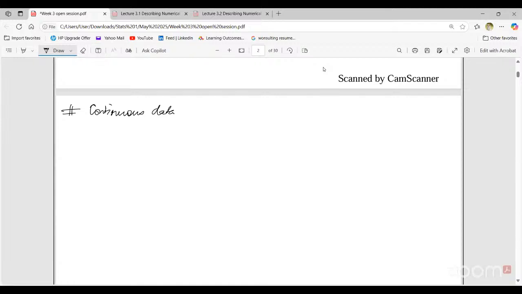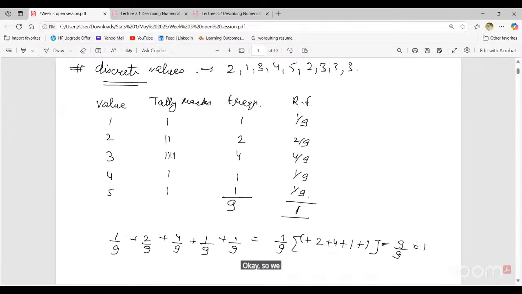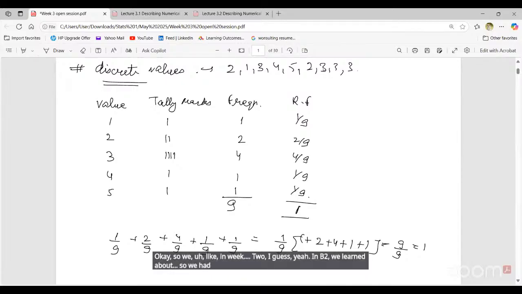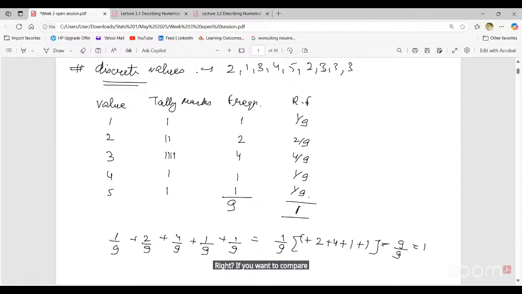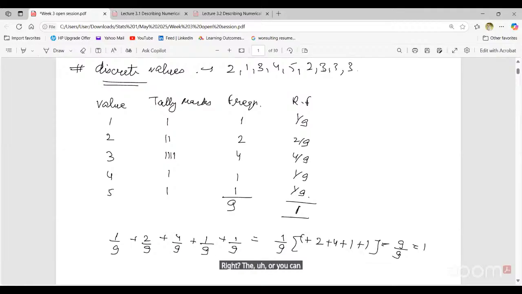Yeah, okay, thank you. So basically, what is my relative frequency? In week 2 we learned about two tables, right? In that we had different frequencies. If you want to compare two sets of data, relative frequency is basically comparing with the whole.